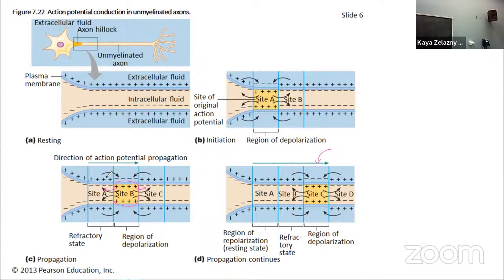So even though some of those sodiums from the action potential at site B are spreading backwards, site A is not sending off a new action potential because it's in that refractory state, right? Even if these positive charges moving backwards from site B to site A get us to -55 or even -50 or something, we're not re-triggering site A because we are in this refractory state.